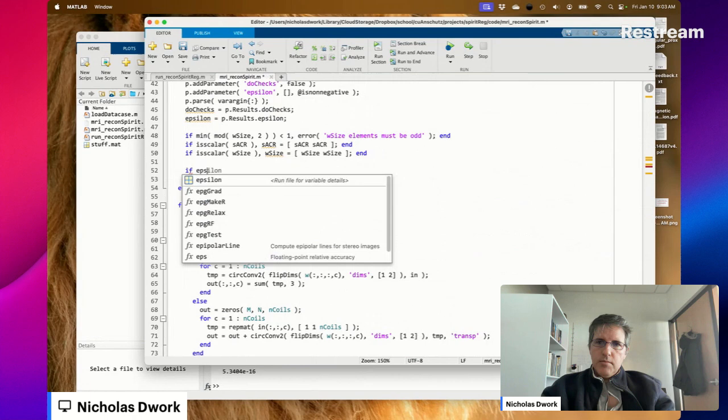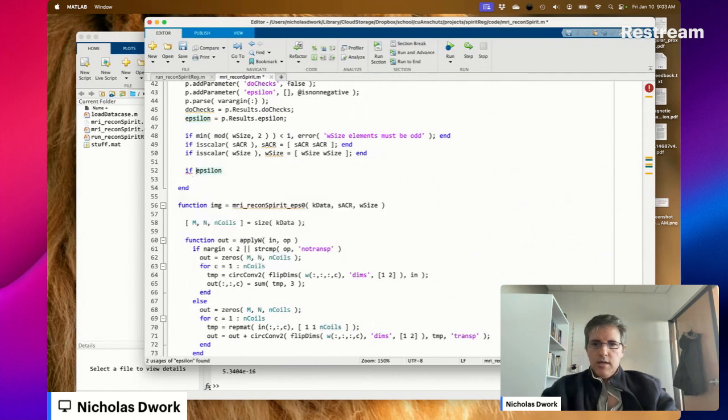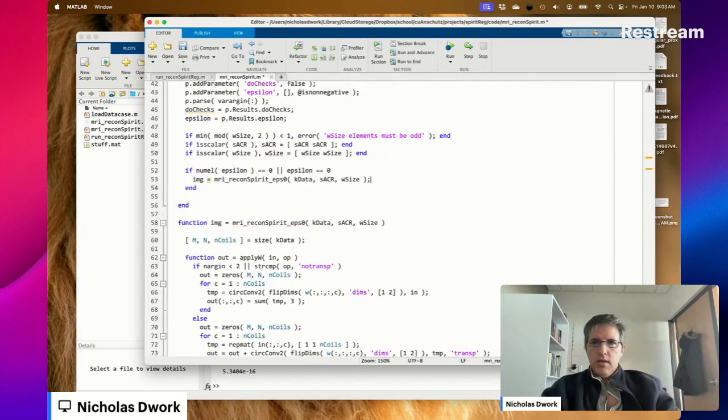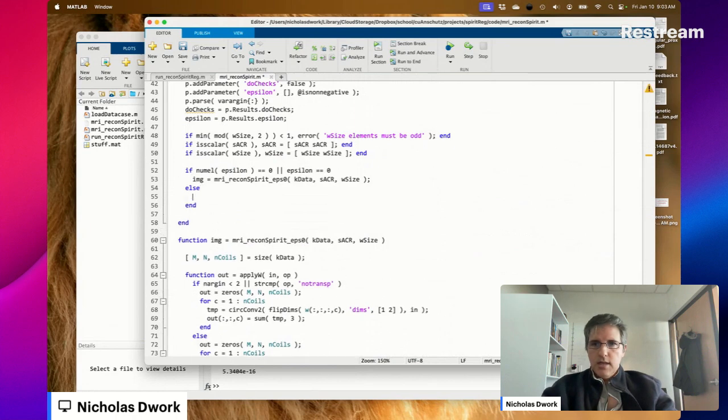If epsilon is equal to 0, then do the zero-filling version, else the image is equal to non-zero.